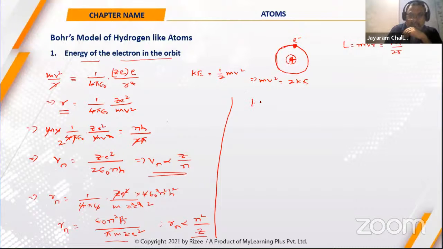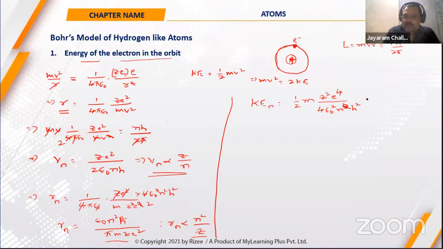So your kinetic energy, KE of the nth orbit, is equal to 1 by 2 into m into, substituting your velocity, Z square e to the power of 4 by 4 epsilon naught square into n square h square.